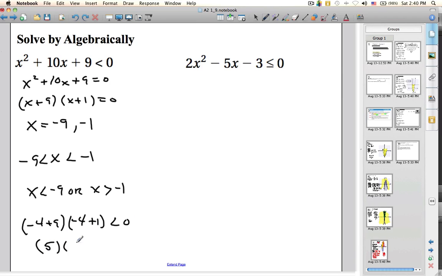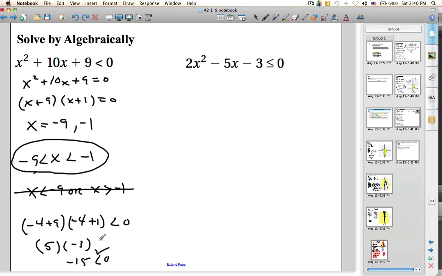Negative 4 plus 1 is negative 3. So I'll get negative 15. Is that less than 0? Yes, it is. That means that this is my solution and not this. Why? Because I tested a value that was in this solution area. It was true, so this is the correct answer.